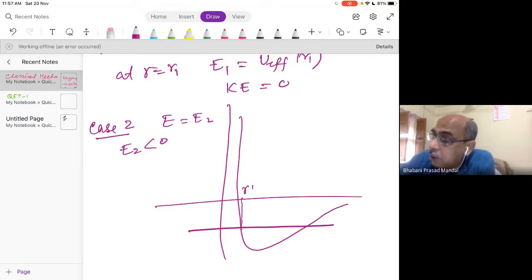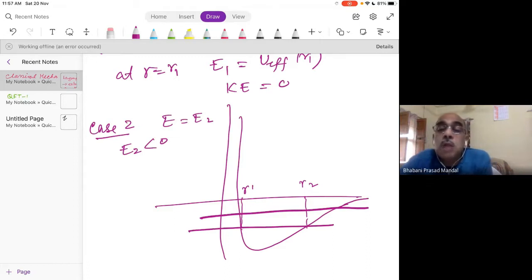This is R1, this is R2. If you have very little negative energy, it will cut very far, because it is eventually going to 0. If you have energy closer, it will cut at 2 points. So 2 turning points. Now you can understand these 2 turning points.